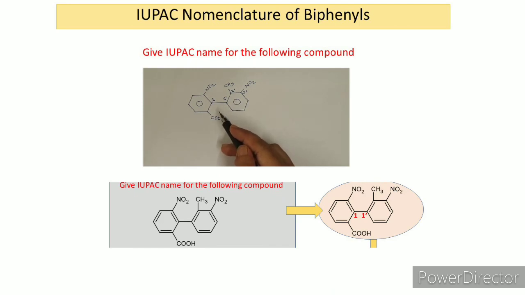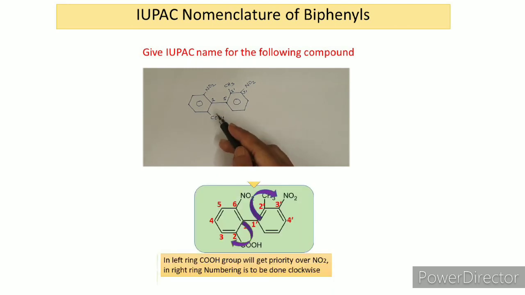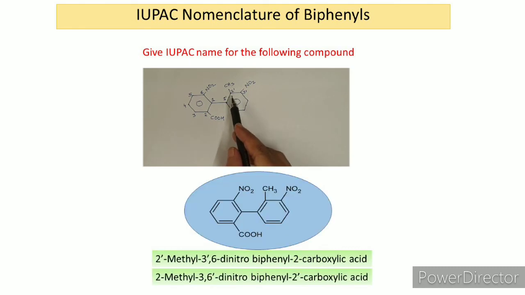But in case of NO2 and COOH, priority will go to carboxylic acid. So the correct numbering in the left ring is like this. Okay. So now we can write the name of this compound. Methyl comes first, so 2-methyl, 3,6-dinitro biphenyl 2 dash carboxylic acid.